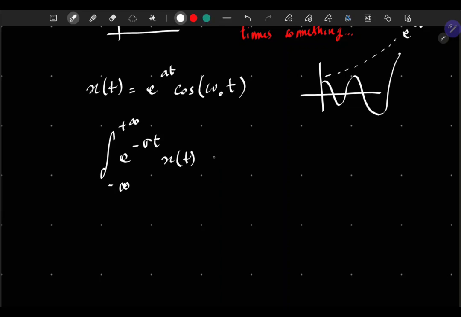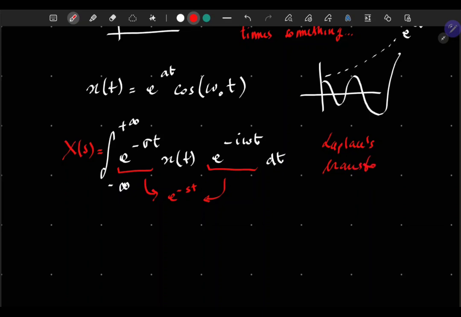So we multiply it times e to the minus i omega t and integrate over t. Now we can take these two terms and collect them into a single complex exponential, e to the minus s t. And so we call this x of s, where s is a complex variable. And this, by definition, is the Laplace transform.